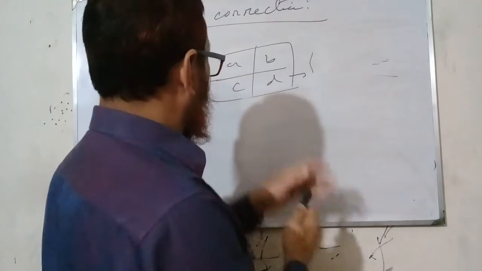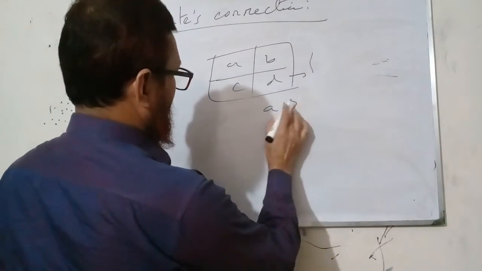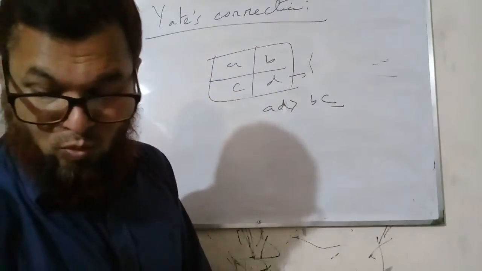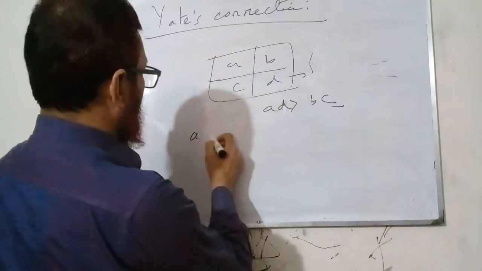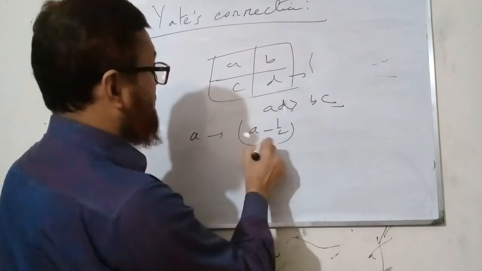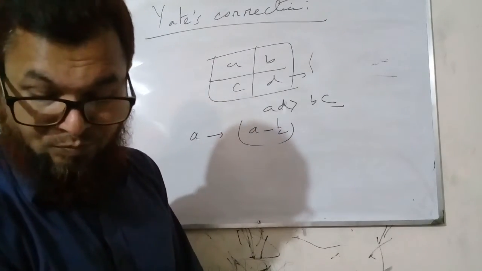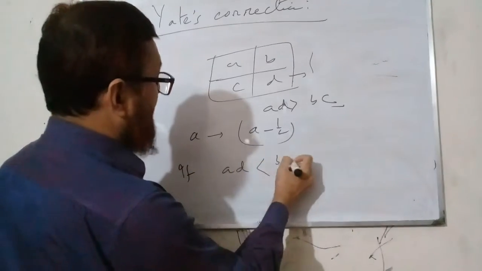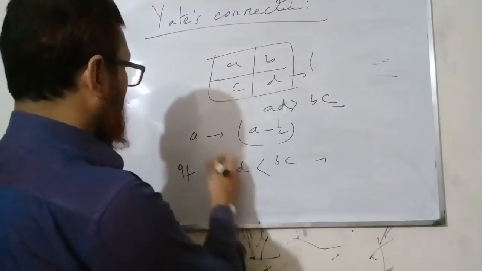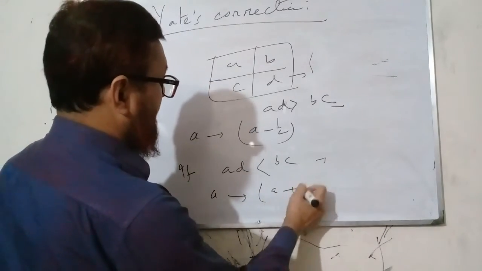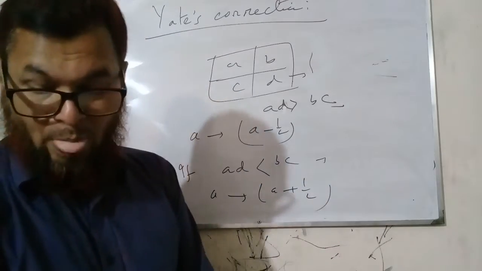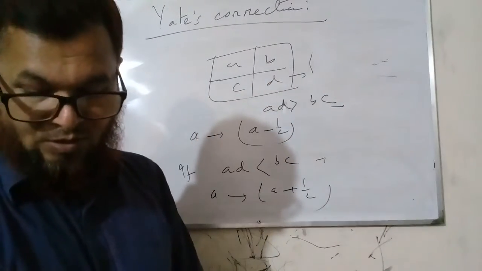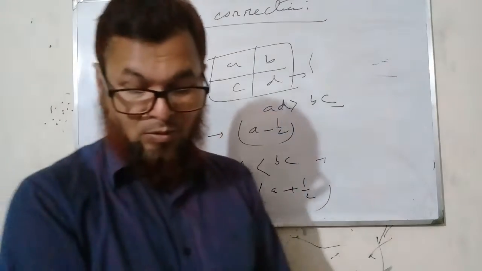If ad is greater than bc, then we replace a by a minus half, and if ad is less than bc, then we replace a by a plus half, and then adjust the other cell frequencies to keep the marginal totals fixed.